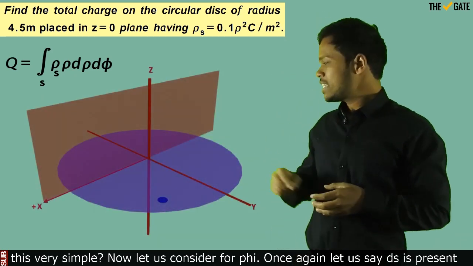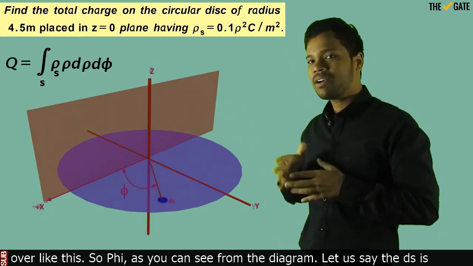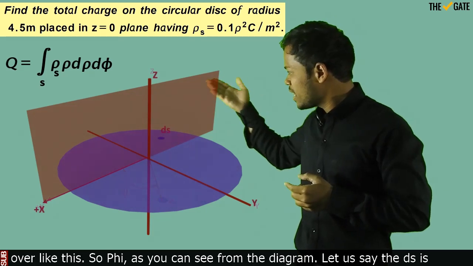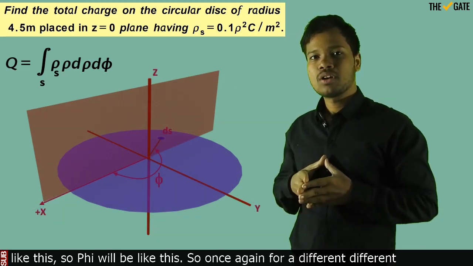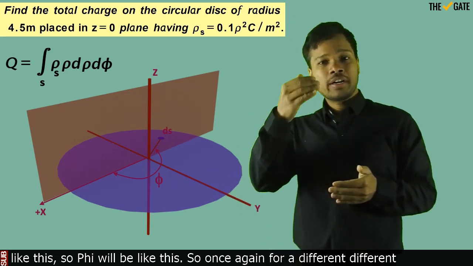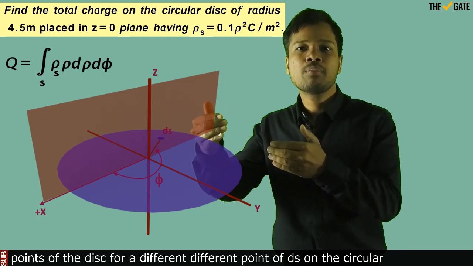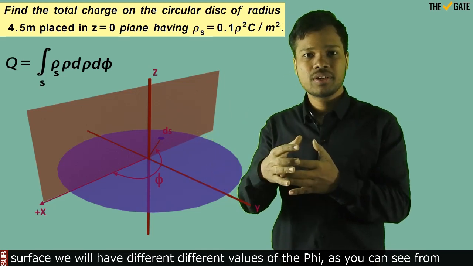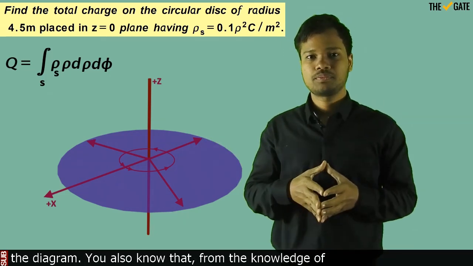Once again, let us say ds is present like this. So phi, as you can see from the diagram, will be like this. So once again, for different points of ds on the circular surface, we will have different values of phi, as you can see from the diagram.